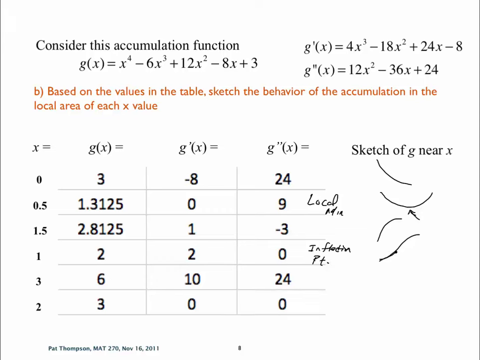Not very pronounced. The rate positive tells us we're going up. The second derivative being 0 tells us that the rate pauses. So the rate was increasing, then it paused, and now the rate's decreasing. That's what's happening at x equals 1.